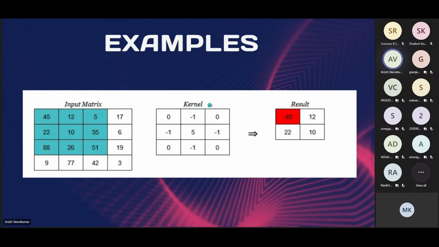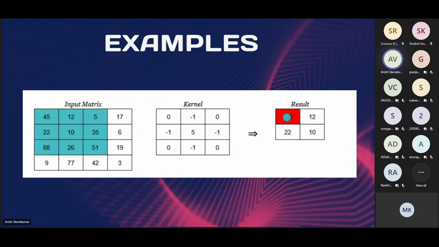So what is it in this case? It is 45 into 0, 12 into -1, 5 into 0, 22 into -1, 10 into 5, 35 into -1, 0 into 88, 26 into -1, and 51 into 0. And this results in the top left cell of the output image.